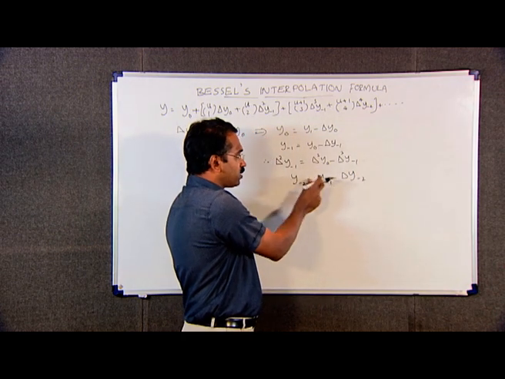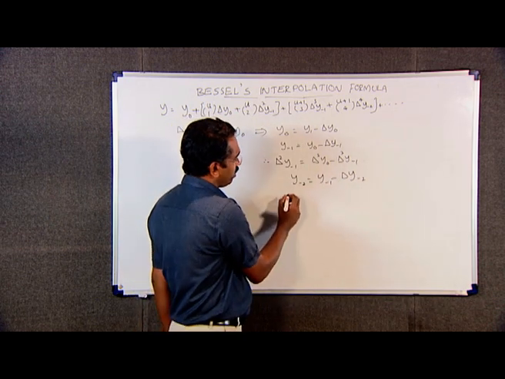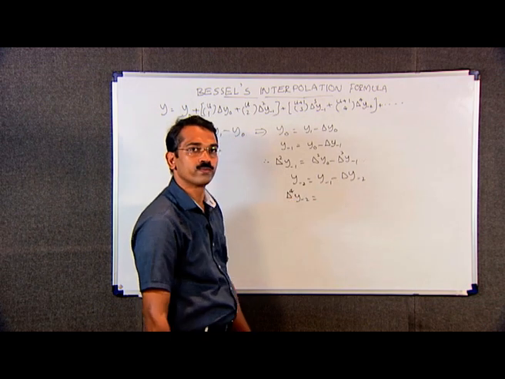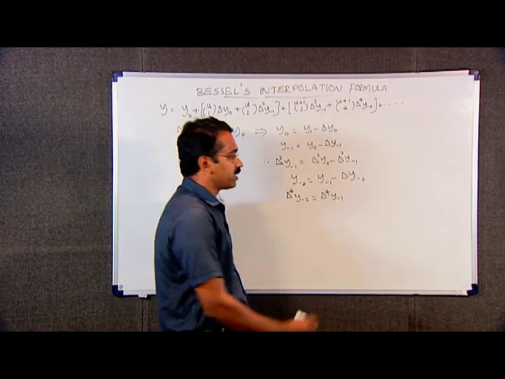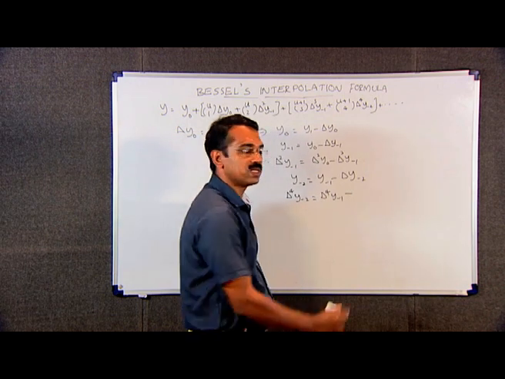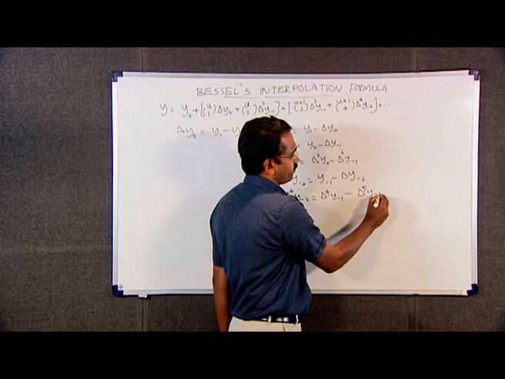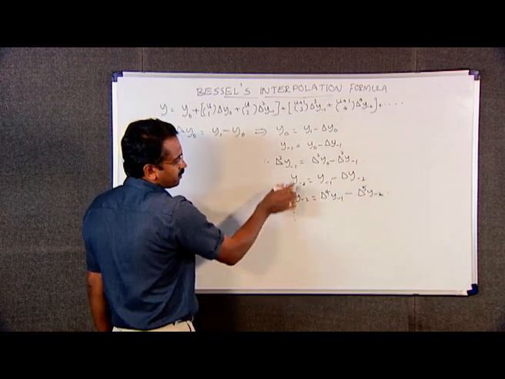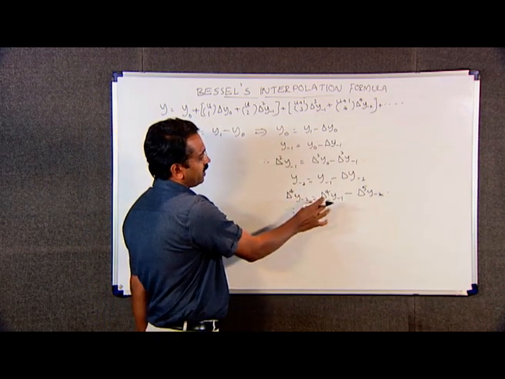Operating both sides of this expression by delta raised to 4, we can write delta raised to 4 y minus 2 is equal to delta raised to 4 y minus 1 minus delta raised to 4 of delta y minus 2, which means delta raised to 5 y minus 2, etc. In this manner, we can express all the higher differences.